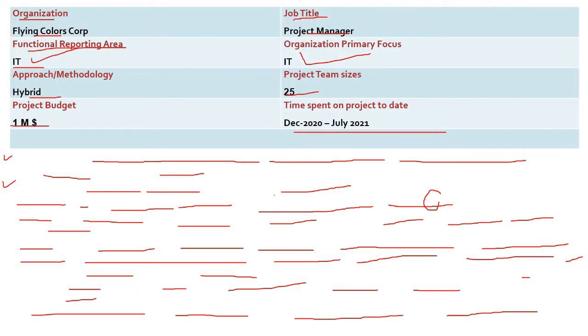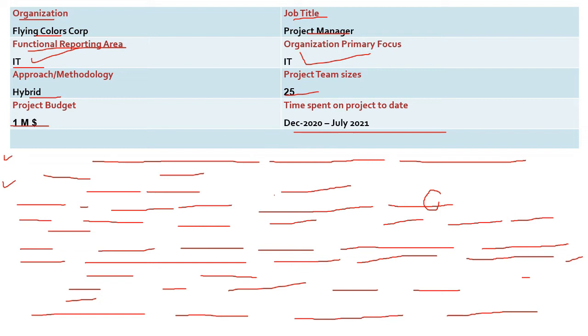As I explained earlier, I have created one dummy format here that will give you more clarity. Here you write your organization name, and here your job title. Functional reporting area means the department in which your project happened, like IT or the project management department itself.